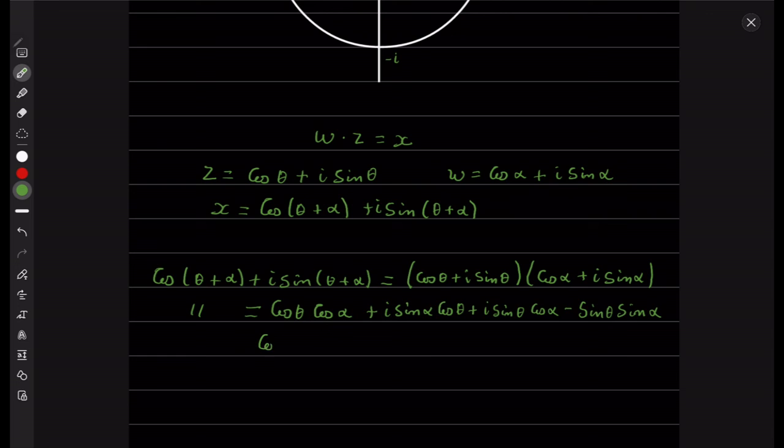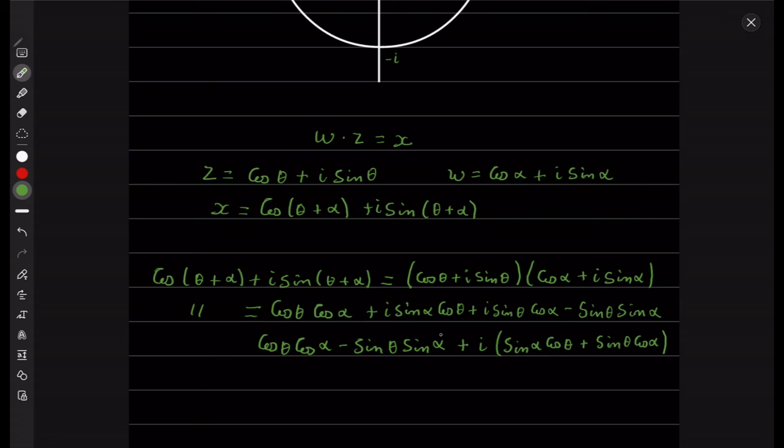So we can say cos theta cos alpha minus sine theta sine alpha, and then plus I into sine alpha cos theta plus sine theta cos alpha.